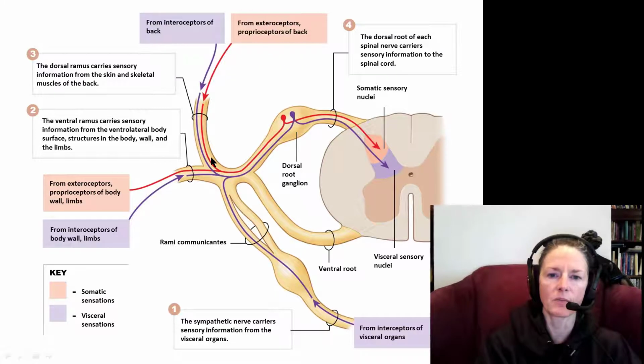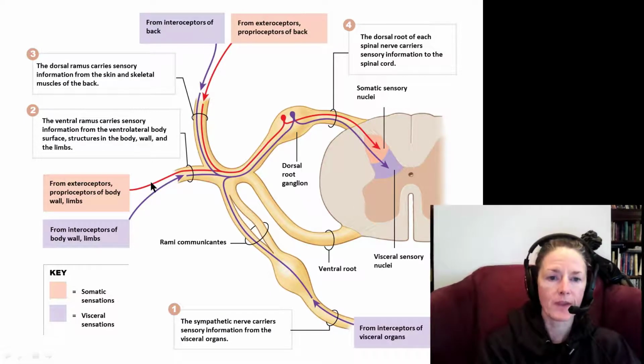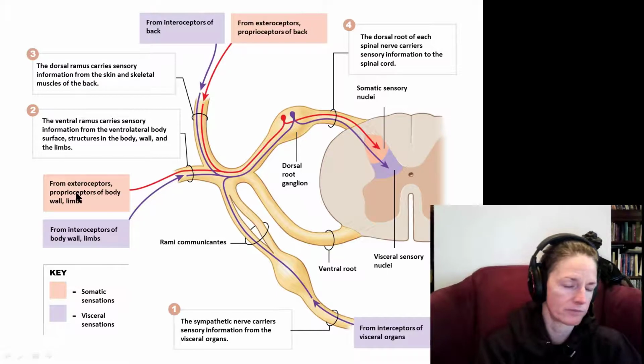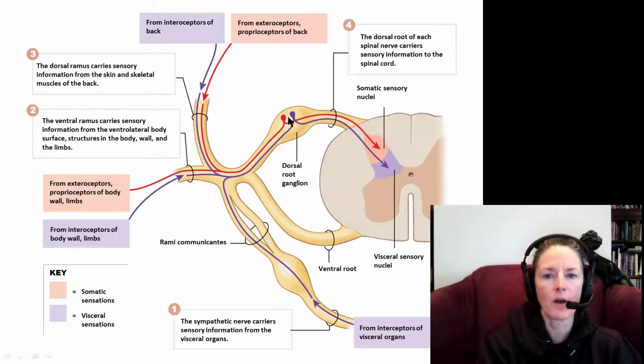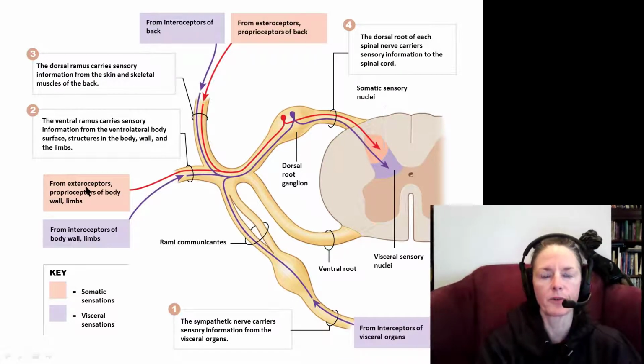So the red neurons will be bringing that information in, and remember, these are pseudo-unipolar neurons with their cell bodies in the dorsal root ganglion, and they'll synapse in our somatic sensory nucleus back here. And then we're also going to have information from the ventral ramus, also being brought into the somatic sensory nuclei. And again, it's the same thing, exteroreceptors and proprioceptors.